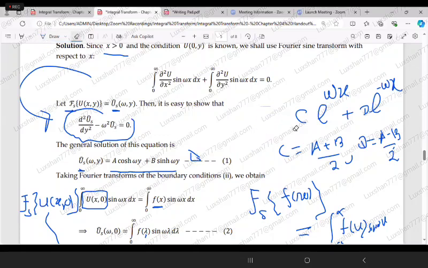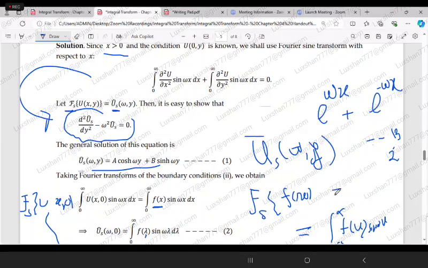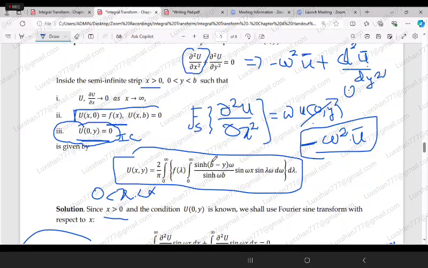So as homework, rather than taking the general solution in this form, please take ū_s(ω, y) as a e^(ωy) plus b e^(−ωy), and try whether, using the definitions of hyperbolic sine and hyperbolic cosine, you are able to get this one.